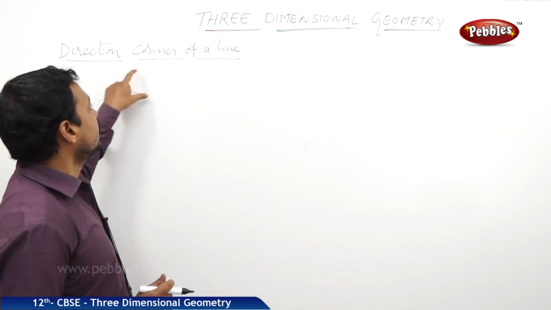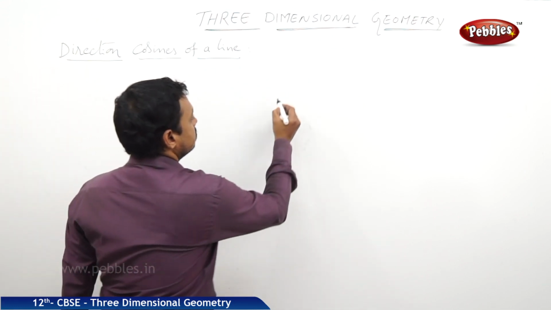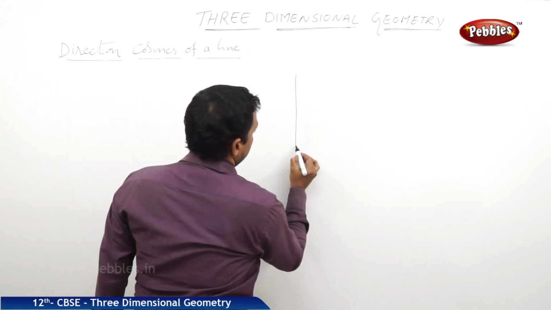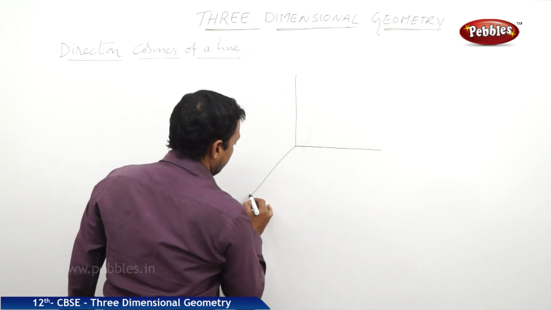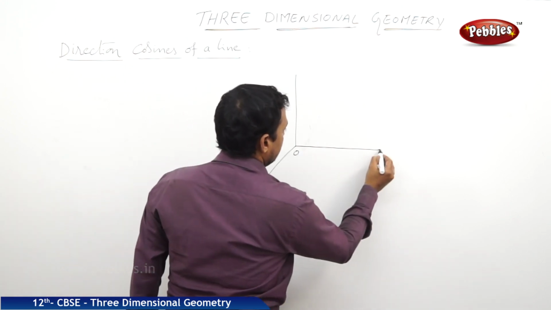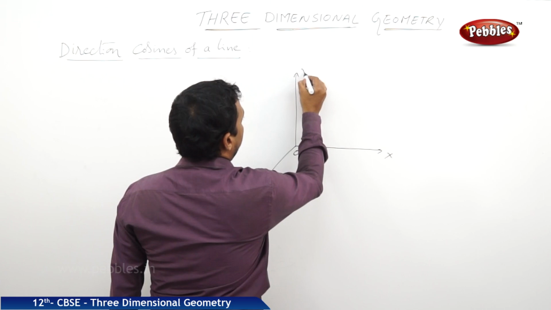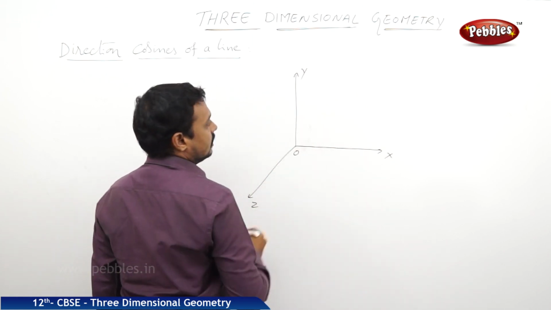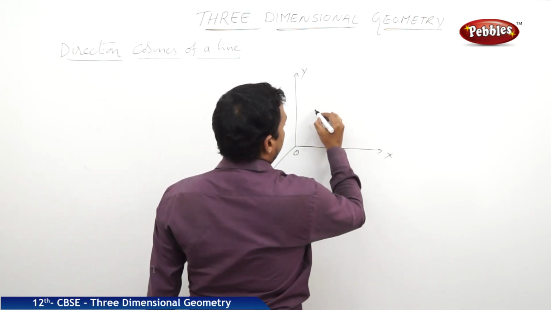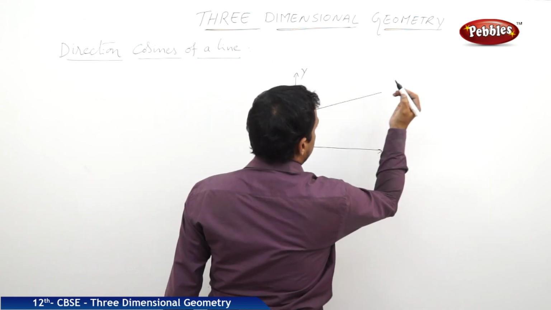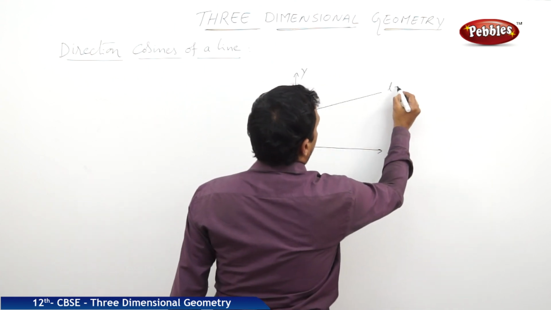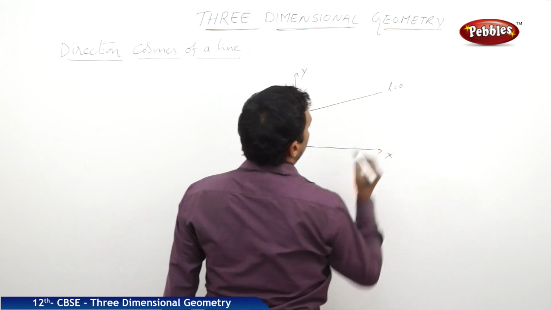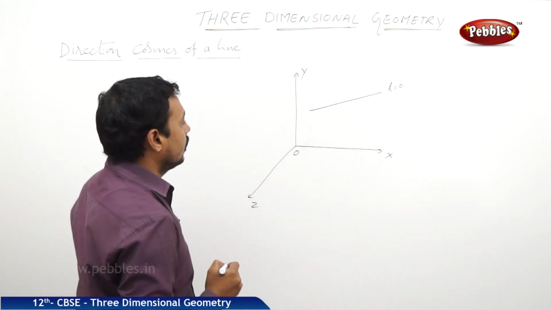Now, the direction cosines of a line. Let us take three coordinate axes again, x-axis, y-axis, z-axis, and suppose a line is this one, L equal to 0.